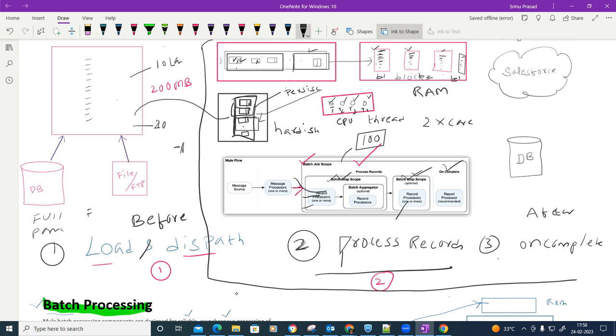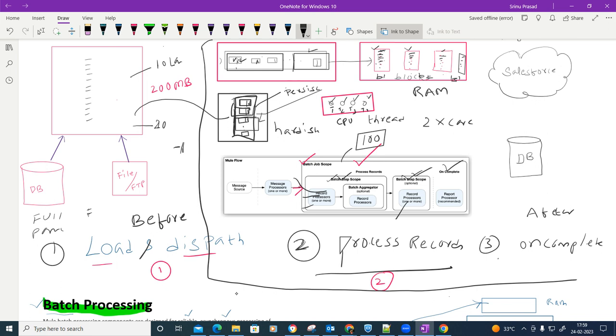All the million records are loaded into the persistent queue, and each record has two parts: record and metadata. The data is divided into blocks depending on the block size we configured in the batch job, and a thread pool is created based on system capacity. Up to this point is the load dispatch phase.